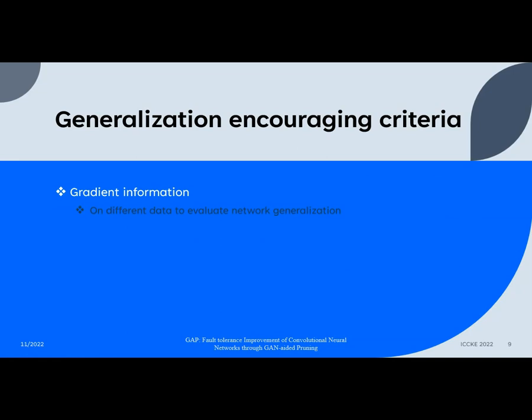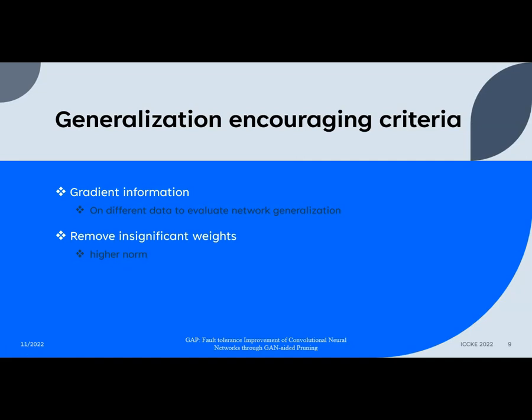To encourage generalization in our model parameters, we use gradient information from the auxiliary task of synthesized data, and we remove all elements that have a higher norm, because the gradient norm shows that a specific weight should change in a specific direction, which the gradient shows, in order to reduce the loss function.